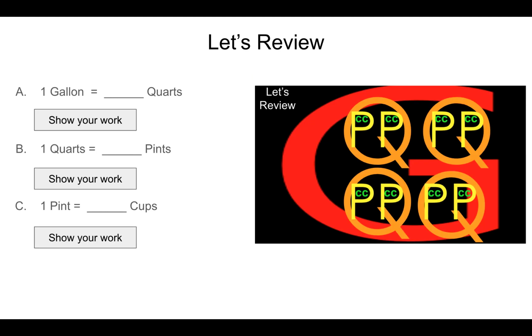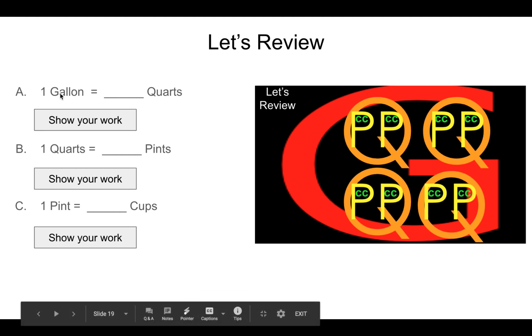Okay, so let's review, because in this lesson today, you're also going to have questions about gallons, quarts, pints, and cups. So 1 gallon is equal to how many quarts?